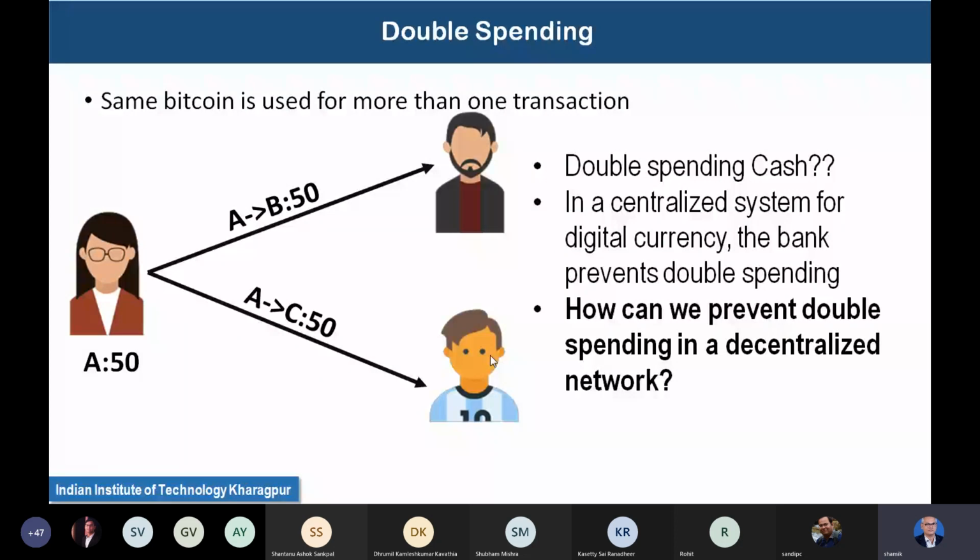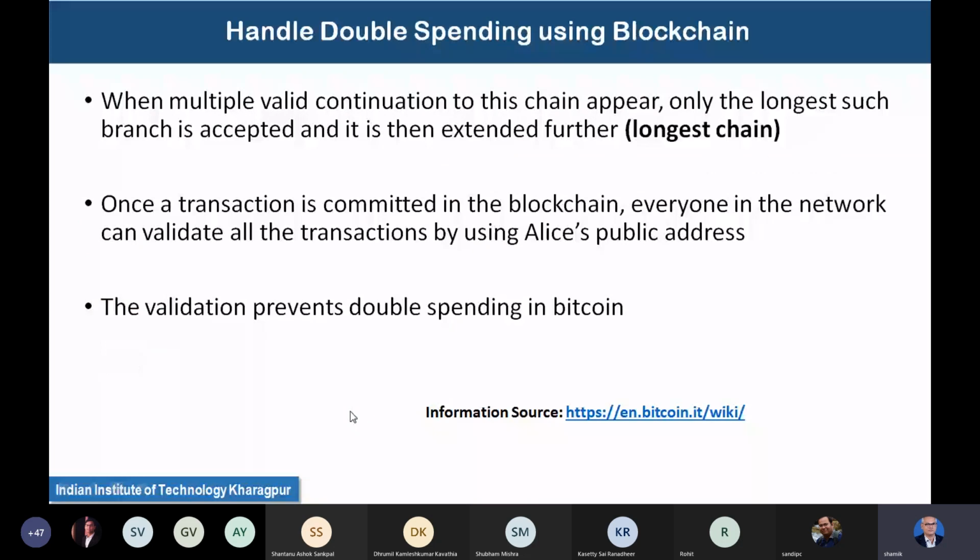Now, of course, the same thing cannot be done in a completely decentralized network like Bitcoin. If Alice wants to send the same 50 Bitcoins to Bob and to Eve, how is it checked? We have already discussed that whenever these transactions are being validated, it will be checked whether Alice had already used that same Bitcoin to pay Bob, and is now trying to send it to Eve once again.